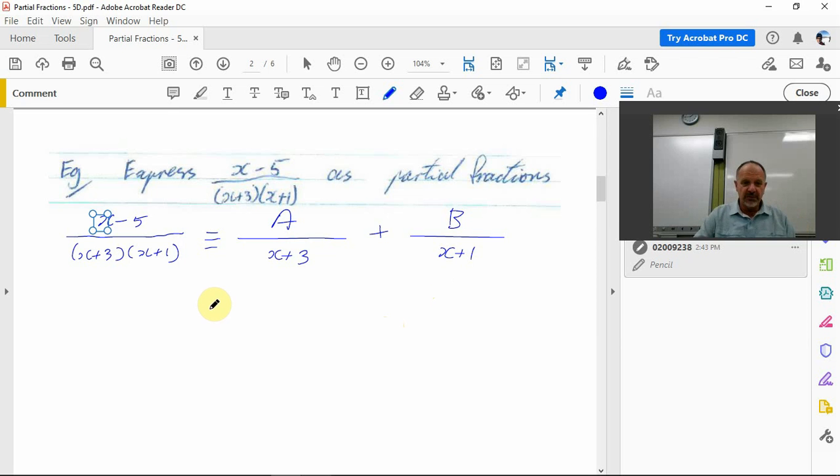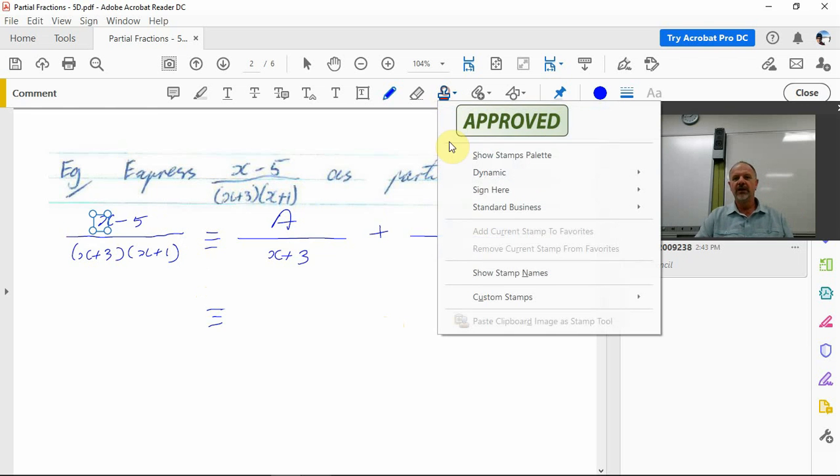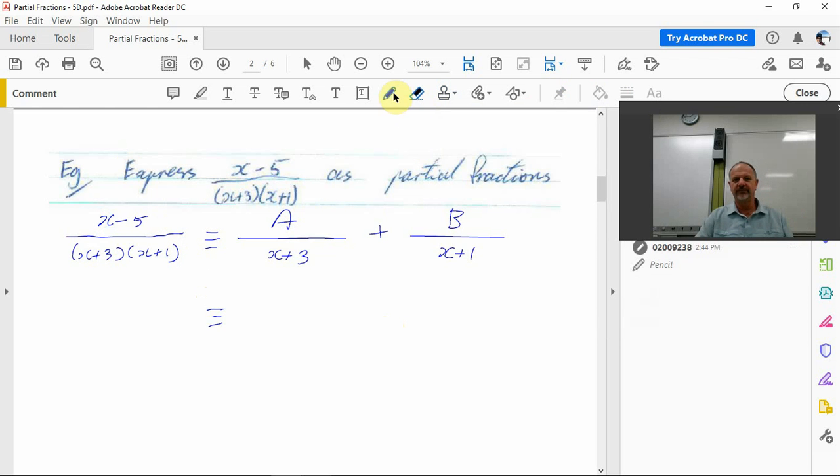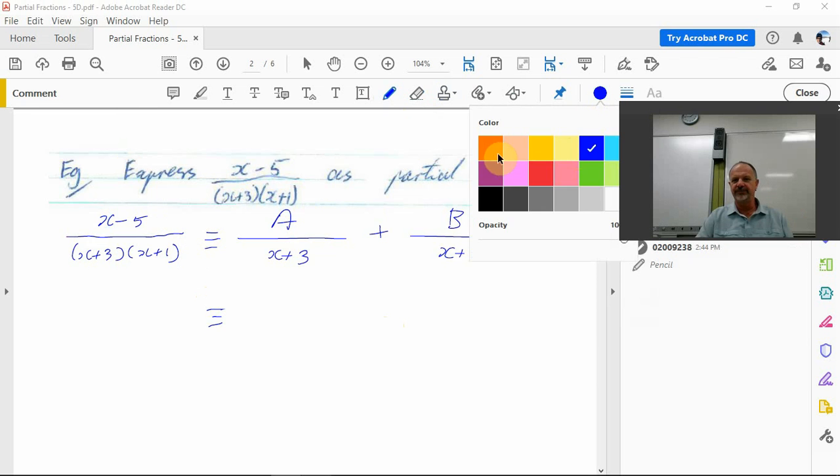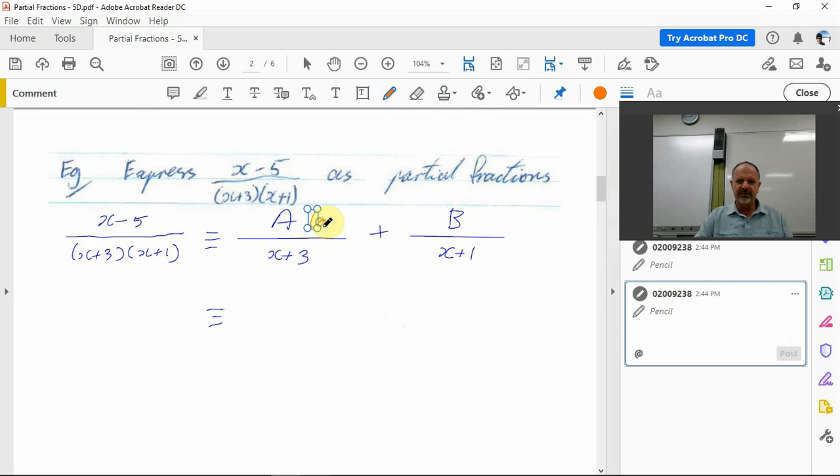Then, if it's equivalent, for us to find out what this a and this b are, we need to make the right-hand side look more like the left-hand side. To do that, I need to multiply top and bottom of this one by x plus 1, and top and bottom of this one by x plus 3.